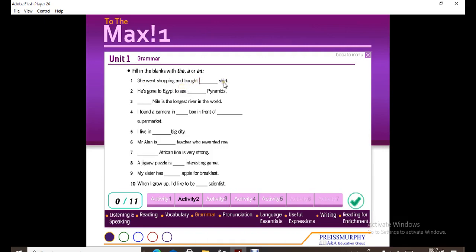There were many shirts and she chose one, so this is one of many. I'm going to write "a". Yes, excellent. She went shopping and bought a shirt. Thank you. Now exercise 2.